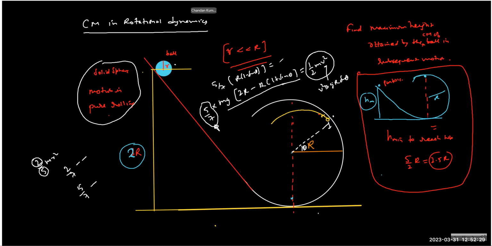And m g I'm cancelling actually. R sin theta by 2, right? R also will get cancelled. So I can rearrange: 10(1 minus sin theta) is 7 sin theta, so sin theta is 10 by 17. Correct?